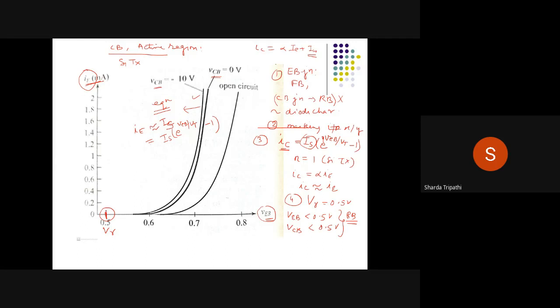Now what happens when the voltage across the junction exceeds 0.5 volts? Of course, it is no more reverse biased. Then we say that the junction is forward biased and we know that the current is going to increase in this manner. But while the current is increasing, what about the voltage drop at the junction? In this case, the voltage drop across the junction VEB is assumed to be constant, equal to 0.7 volts.